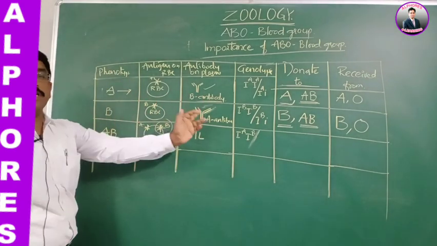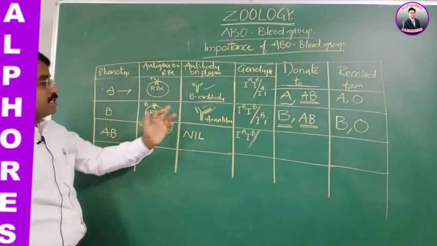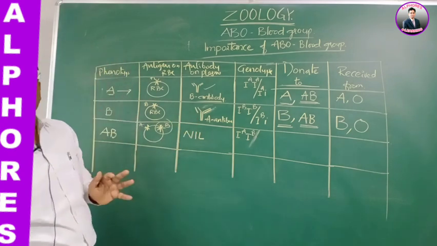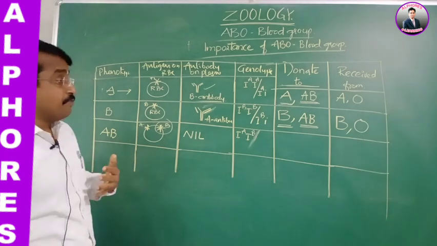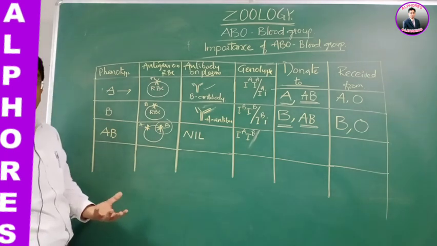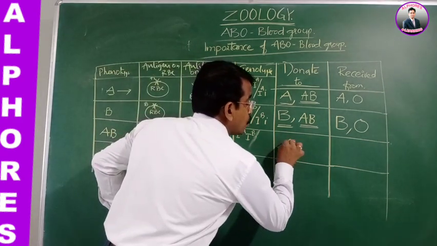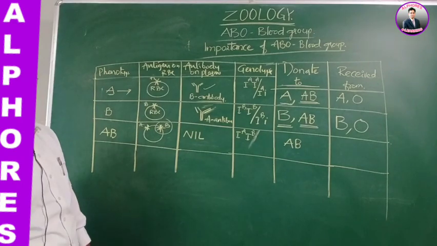Let's go for the B. As against the A antigen, the recipient will produce A antibody. So it should not also donate to B. And if it is donated to AB, AB do not produce antibodies, so it can donate to AB. Keep in mind.